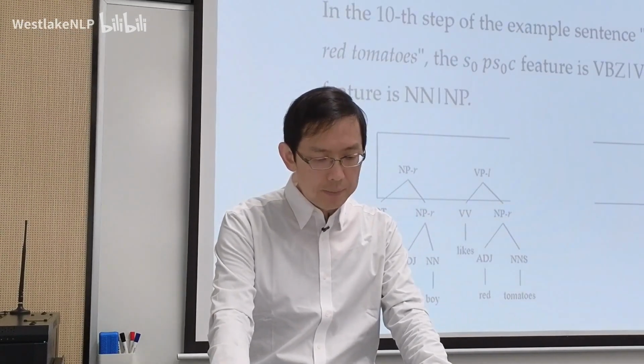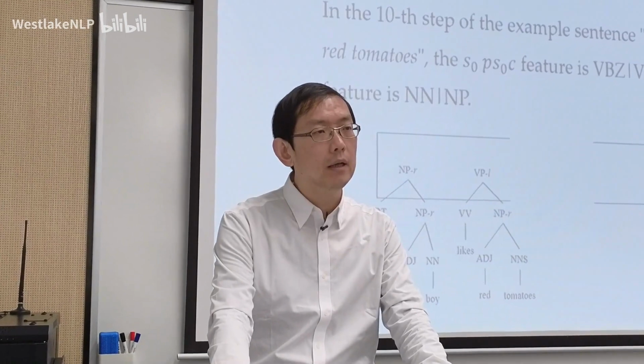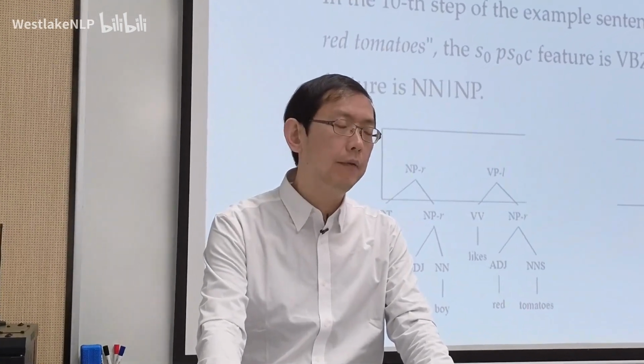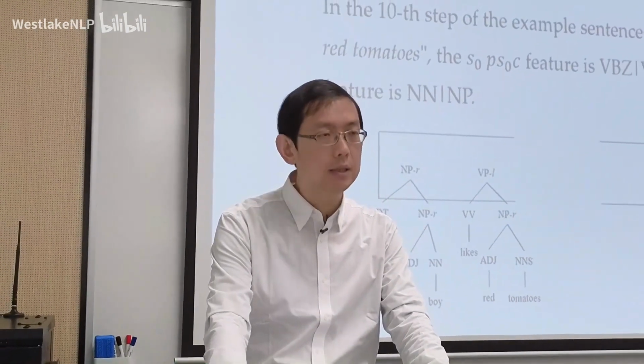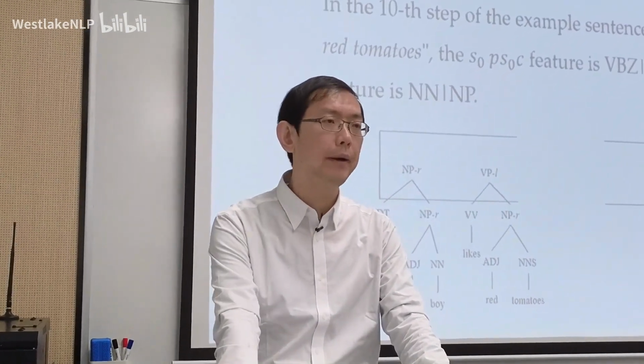Similarly, S1P, S1C, the part of speech and constituent label of the second item on the stack will be a noun and a noun phrase, because it corresponds to a noun phrase, the little boy.